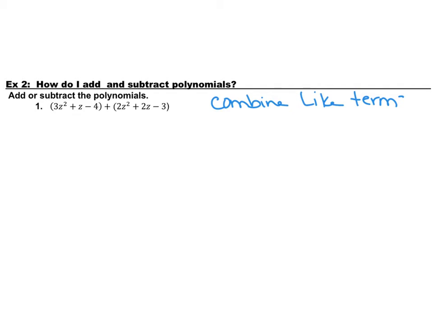So we're going to combine like terms here, and we'll have 3z squared plus 2z squared giving us 5z squared. And then remember, if we don't have a number before a variable, there is a number there. There's a 1 plus 3z, and then we'll combine, and I will have minus 7.